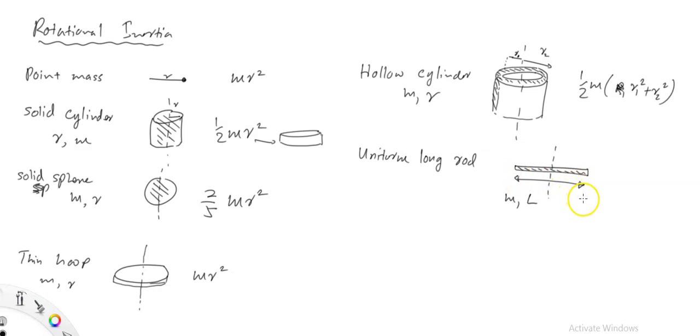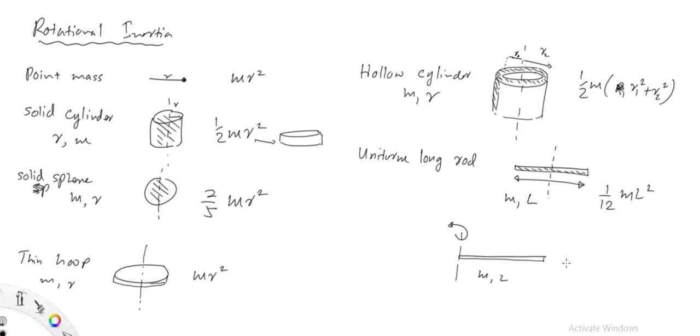And moment of inertia is given by 1/12 ml squared. Now the same thing we can rotate it around a different axis, as I showed you before. Let's say it's the same thing, length l, but you are rotating around this axis, m and l.